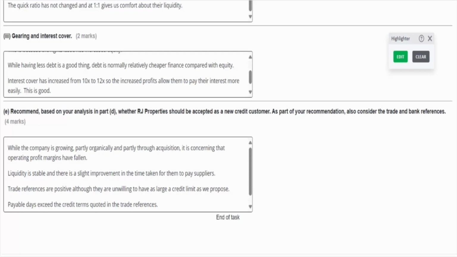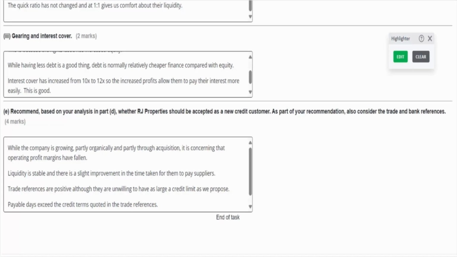But remember, gross profit margin isn't the only profitability measure. We're also provided information about the operating profit margin, and we can see that in this case there is a 2 percentage point fall. So again, start off by describing what you see. You may get credit for expressing an opinion about this.